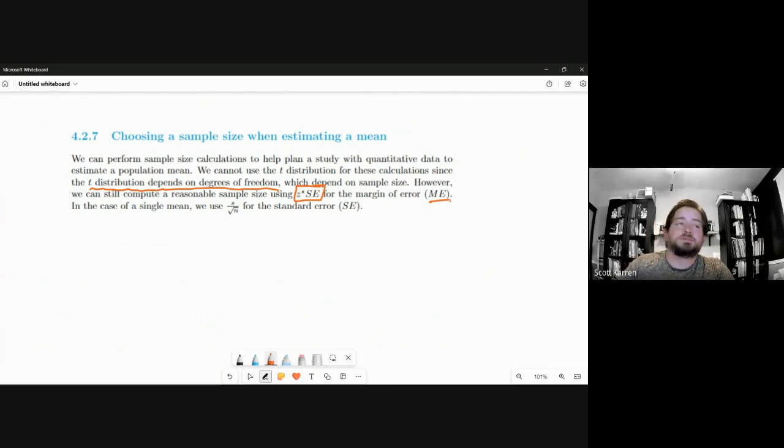So in the case of a single mean, we can use that S over root N for the standard error. So we're still talking about choosing our Z star times the standard error. The Z star depends on whatever level of confidence you're interested in, but the standard error is still S over the square root of N, right?